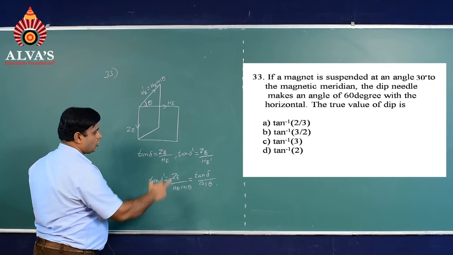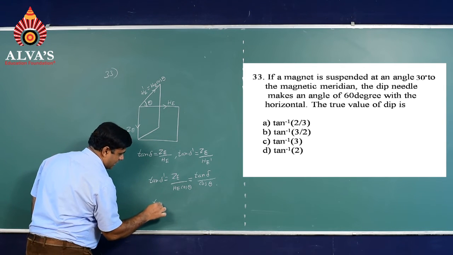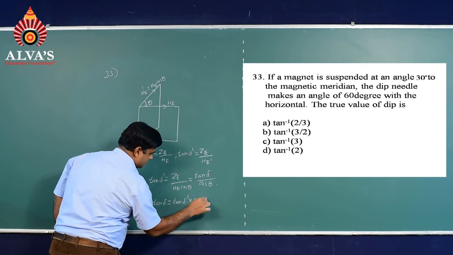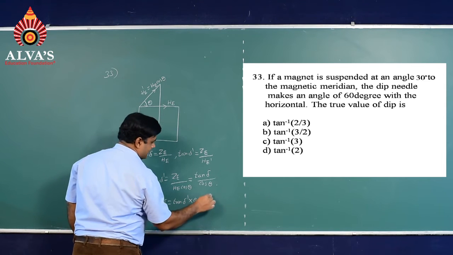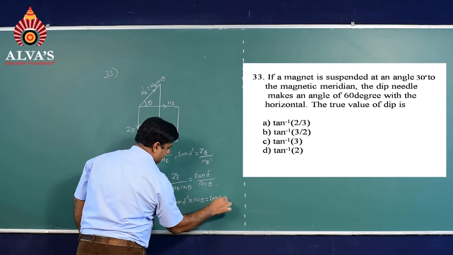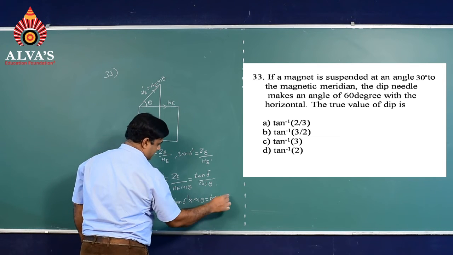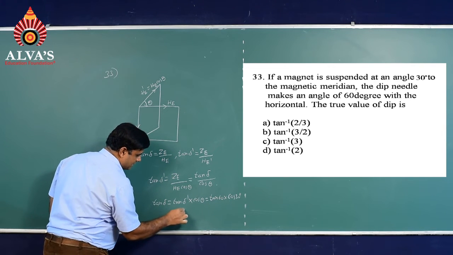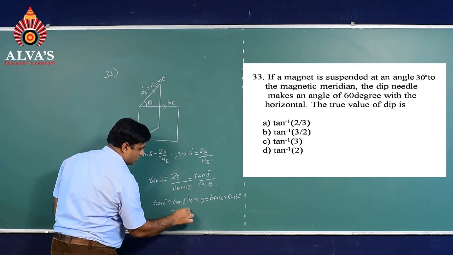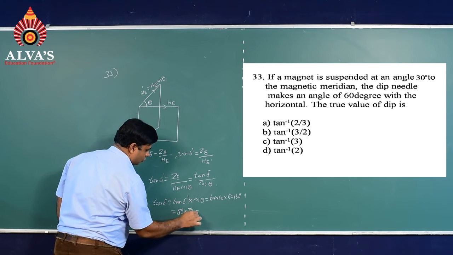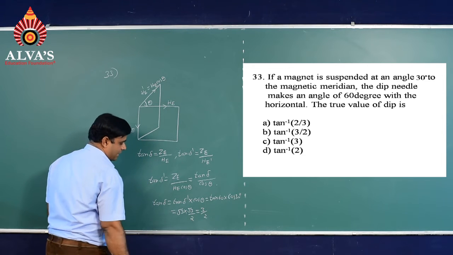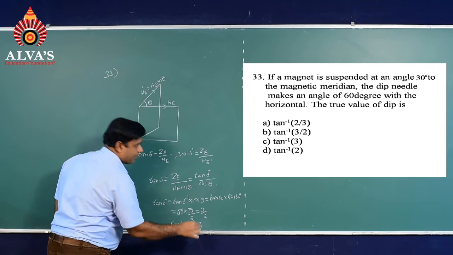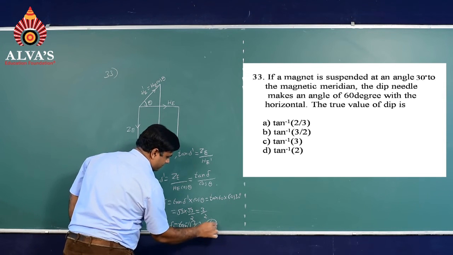You have to calculate the true dip, delta. So, tan delta is tan delta dash into cos theta. Tan delta dash is tan 60 degrees, and the angle is 30 degrees, so cos 30 degrees. Tan 60 is root 3, cos 30 is root 3 by 2, which is equal to 3 by 2. So delta is tan inverse of 3 by 2. So, the answer is B.